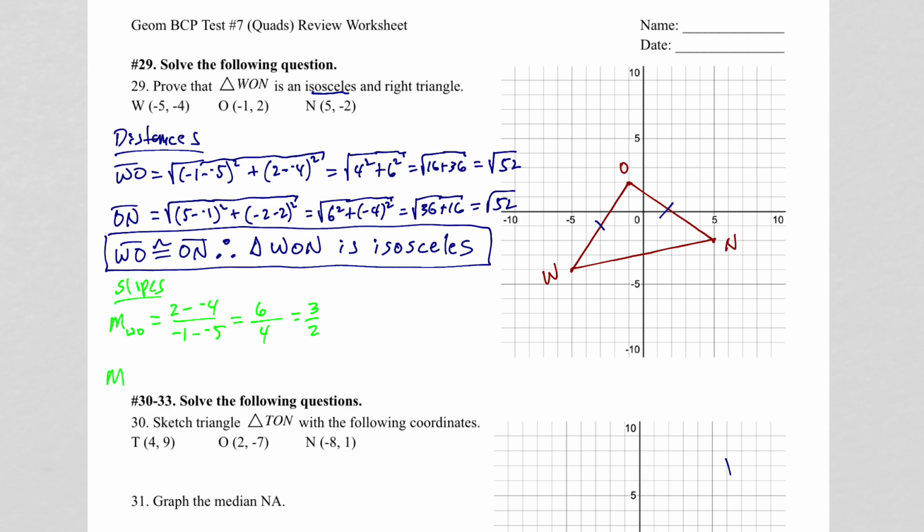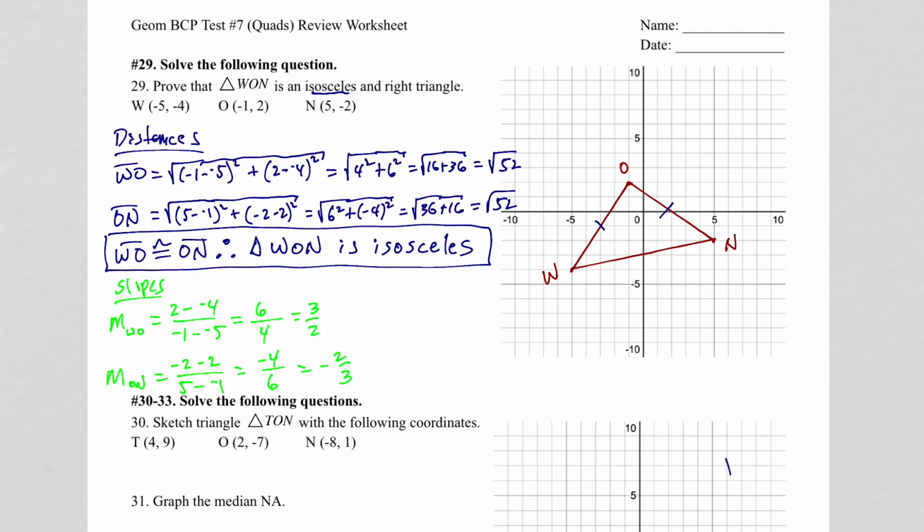The slope of ON is y2, negative 2, minus y1, which is 2, over 5 minus negative 1. So this is negative 4 over 5 plus 1, which is 6, which is negative 2/3. So these are opposite reciprocals.